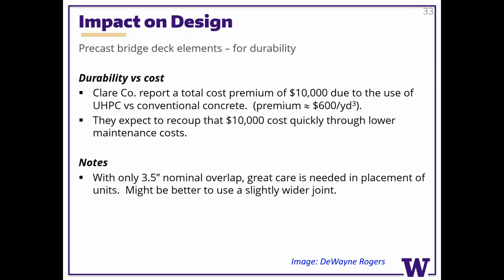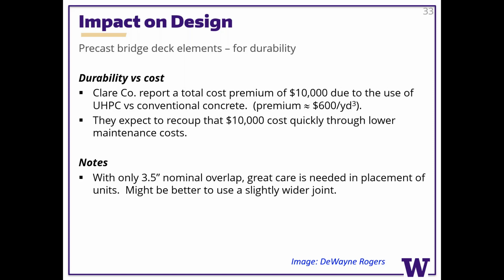I think we're coming up to time, so I'll try and move through these. I had contact with Dwayne Rogers from Michigan, and he reported to me that the total cost of the bridge was only $10,000 more due to the use of UHPC versus conventional concrete.